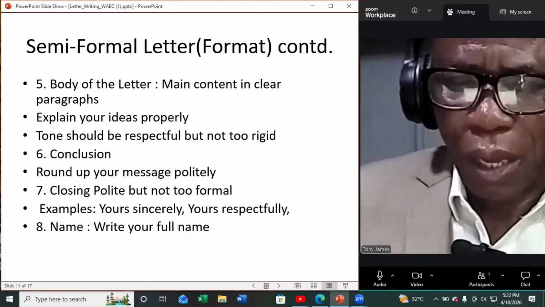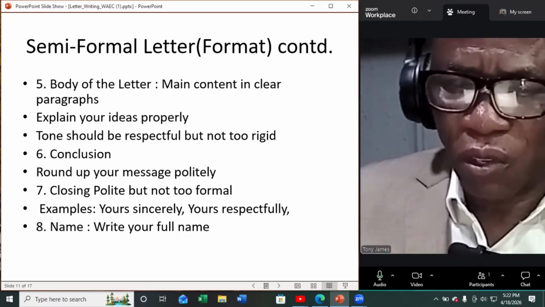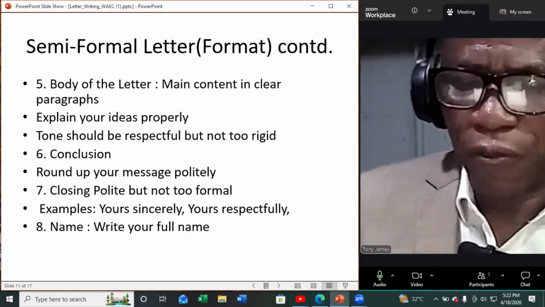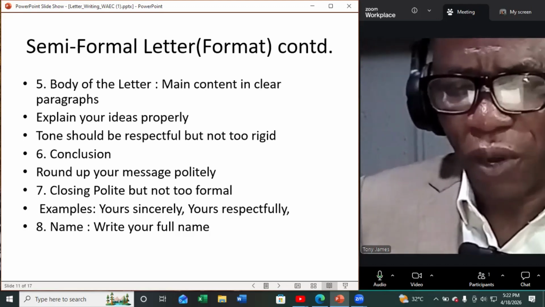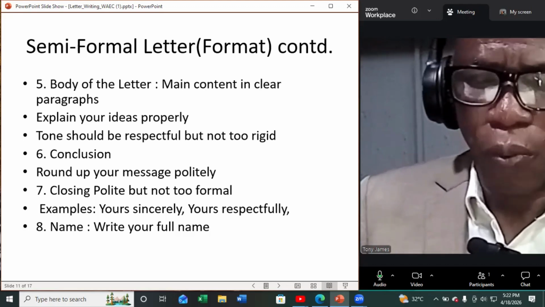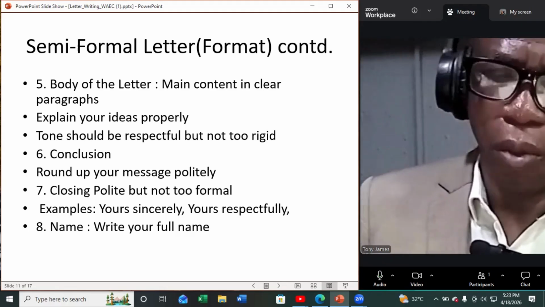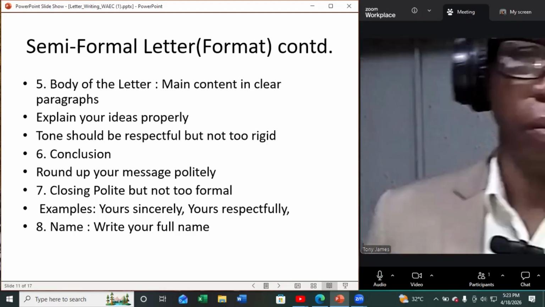Then the closing has to be polite, but not too formal. The closing remark can be yours sincerely or yours respectfully. Then you put your name. There will not be any signature, but this time you put your full name, Tony James.